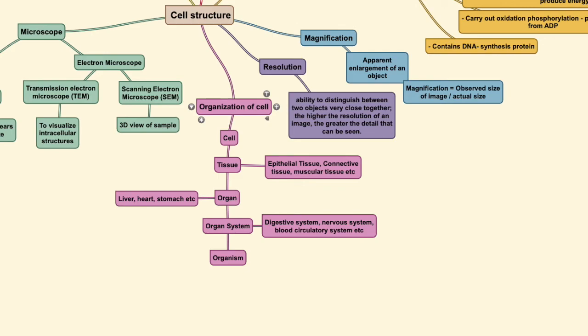So for tissue, examples of tissue are like epithelial tissue, connective tissue, muscular tissue, and nervous tissue. As for organs, very straightforward, stomach, liver, heart, and all of that. For organ system, it is called the digestive system, blood circulatory system, and the nervous system.